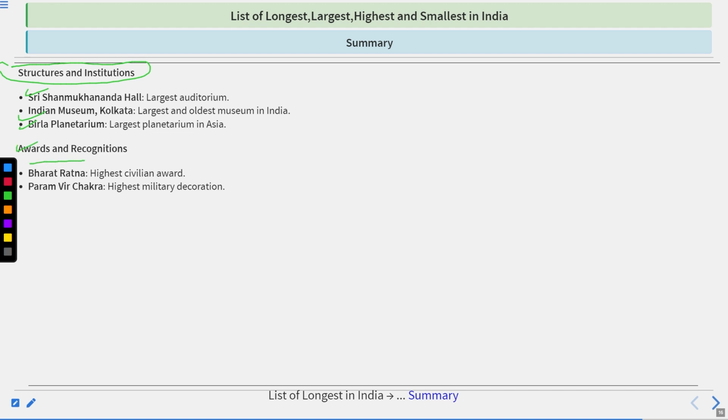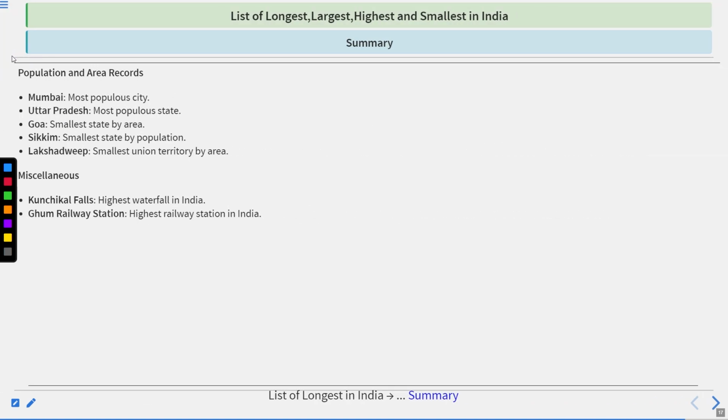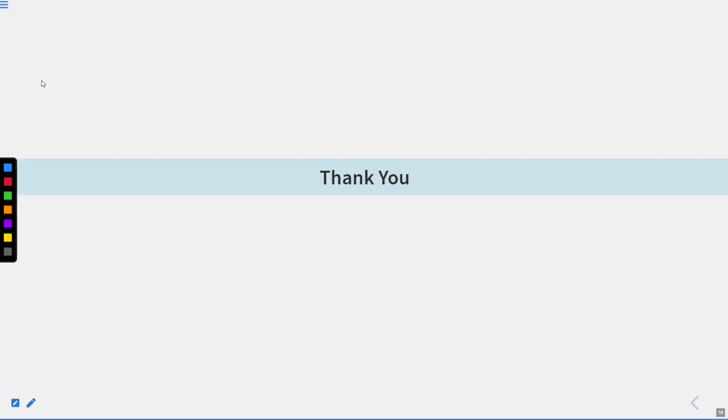Awards and recognitions: Bharat Ratna, highest civilian award; Paramveer Chakra, highest military decoration. Population and area records: Mumbai, the most populous city; Uttar Pradesh, most populous state; Goa, smallest state by area; Sikkim, smallest state by population; Lakshadweep, smallest union territory by area. Miscellaneous: Kunchikal Falls, highest waterfall; Ghum railway station, highest railway station.